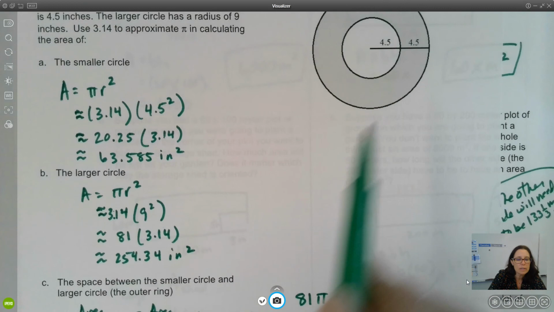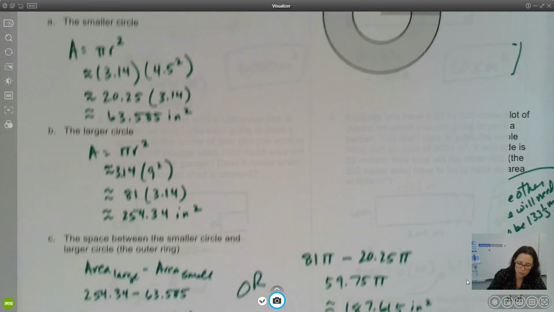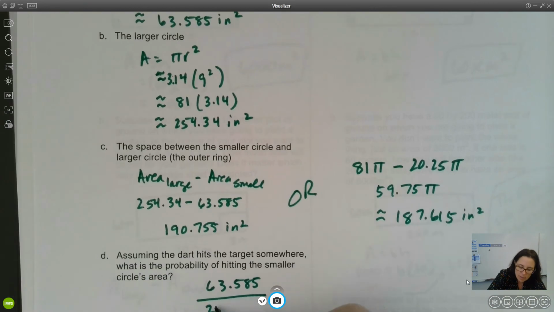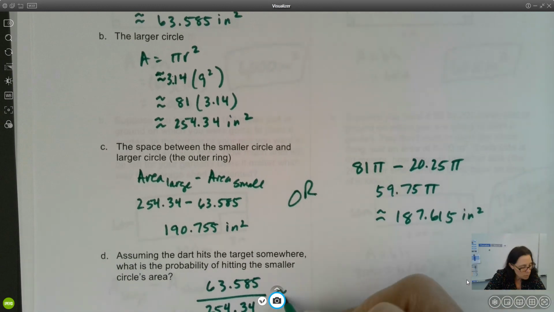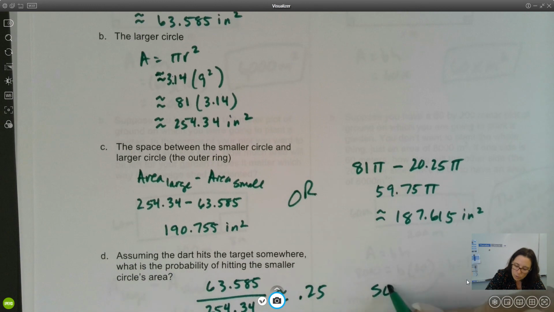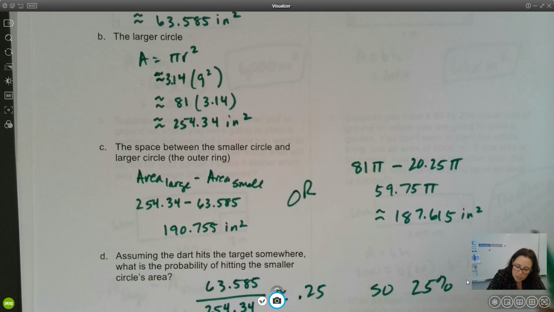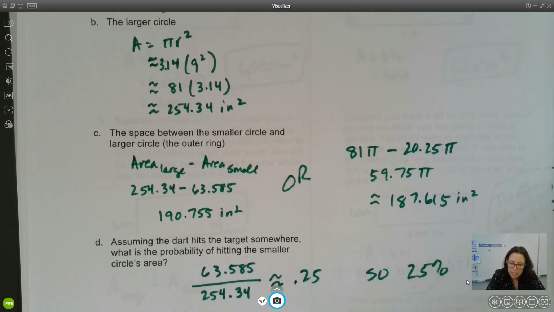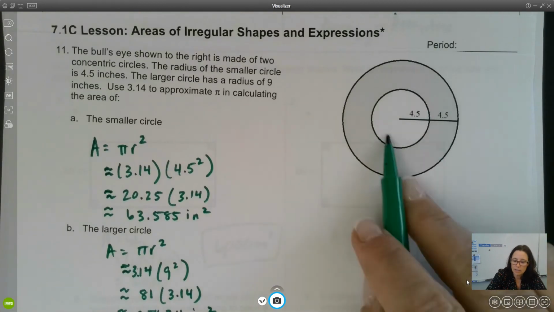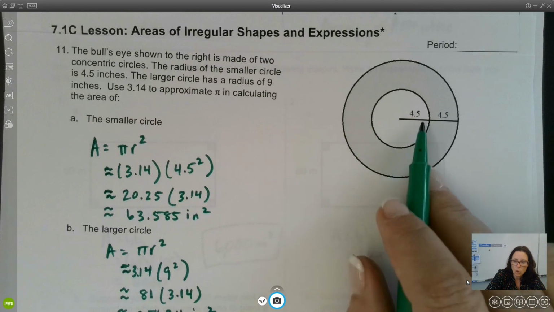The whole thing is this guy right here, 254.34. Now, if you pop that in a calculator, it's about 0.25. So you have a 25% chance of hitting this area right here if you throw a dart, according to the area.